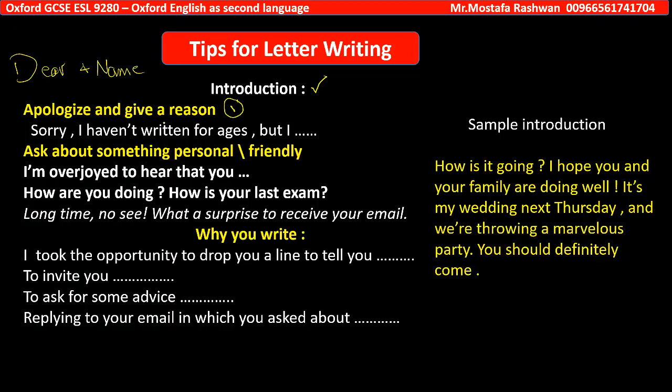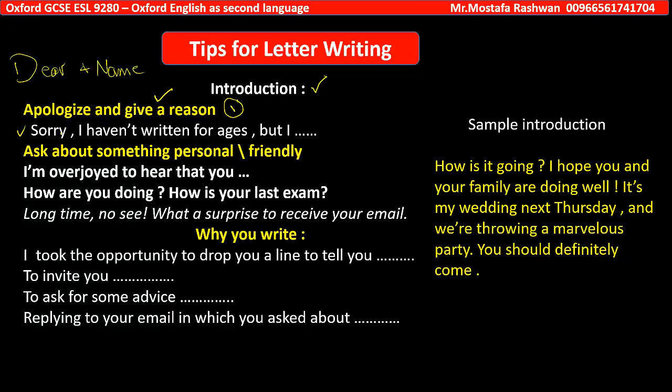Number 1 is apologize. You spent too much time not hearing from your friend, not receiving any letter, and even not sending him any letters. So it's logical to start your letter in an apologetic style. Apologize to your friend by saying sorry, and don't forget to give a reason for not writing to him.